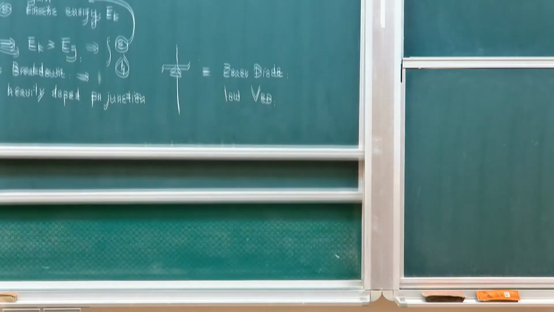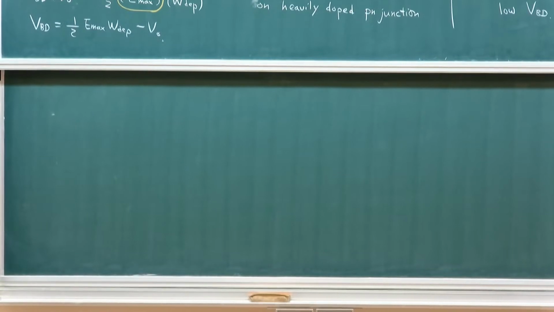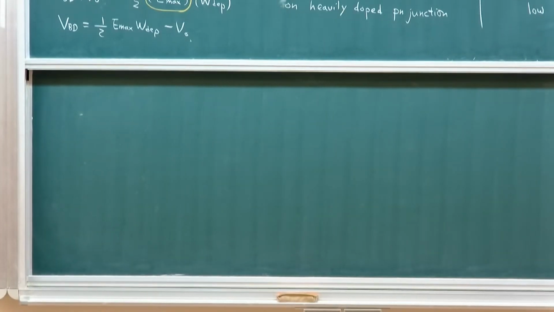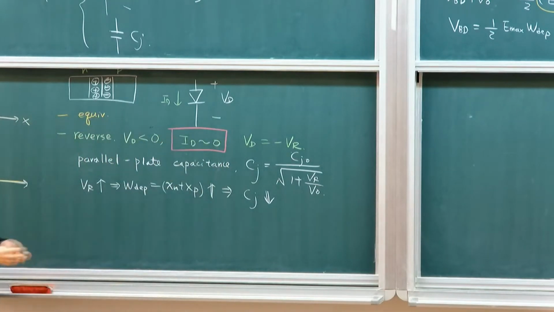So once we have some basic understanding, what you need to know in reverse bias, let me emphasize once again, are three key parameters. One is that it's not conducting, basically having a very low current.